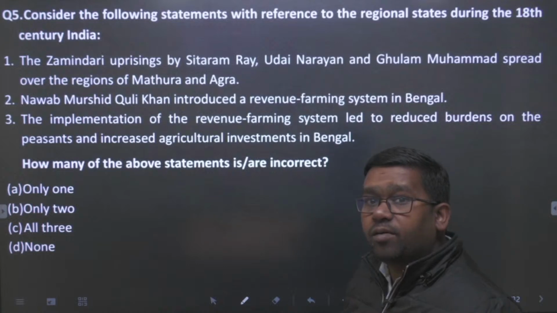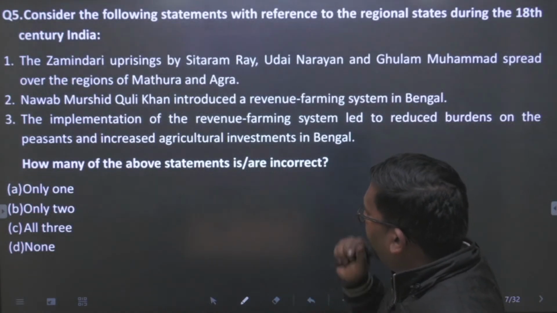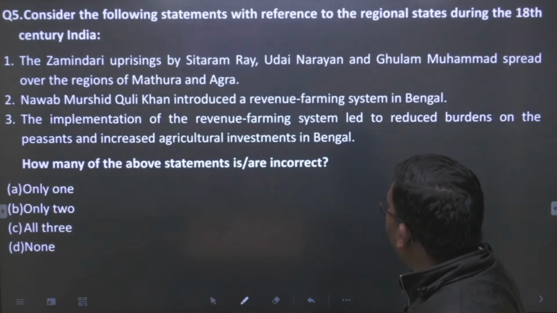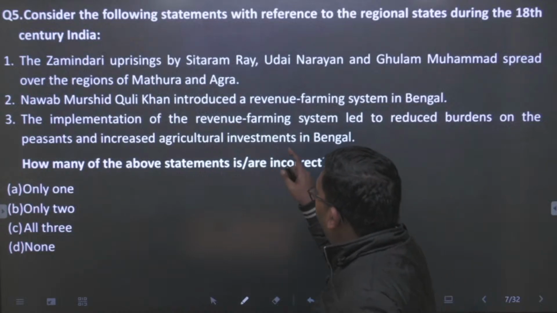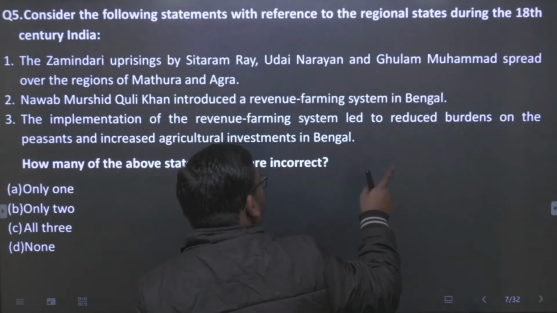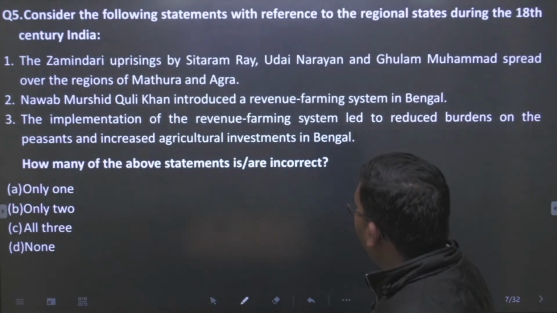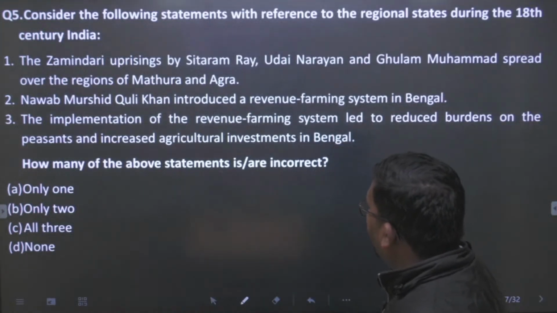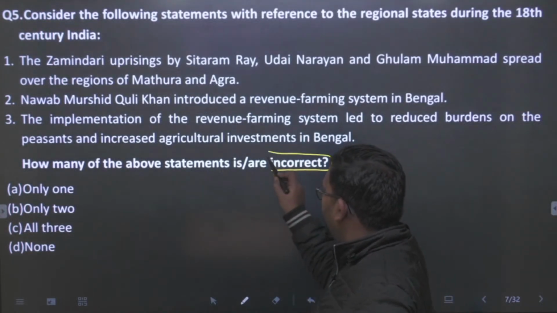Second, Nawab Murshid Quli Khan introduced a revenue farming system in Bengal. Third, the implementation of the revenue farming system led to reduced burdens on peasants and increased agricultural investments in Bengal. They are asking how many statements are incorrect.